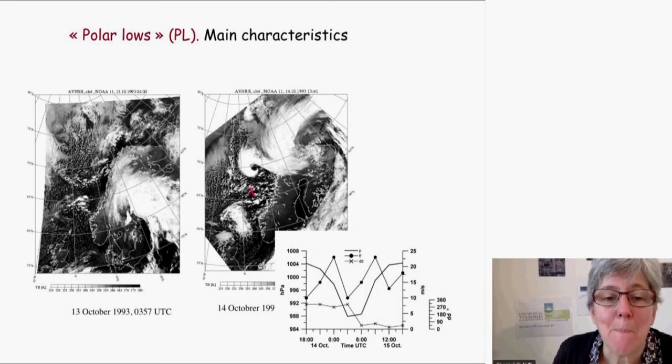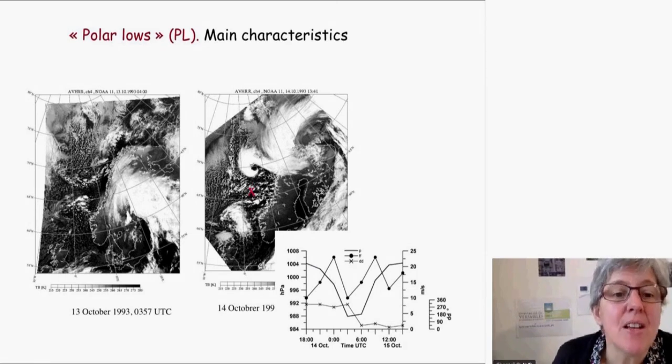Now, let's look a little bit at a very specific case. So we are in October 93, and on the 13th of October, in the night, you see that you have a kind of cloud structure here between, again, Spitsbergen and Norway. But it's very difficult to say if something will happen or not, even though we have the cloud streams.